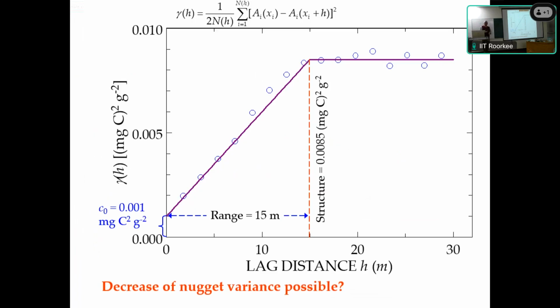So we can expect that the value at 15 meters distance is 0.13 milligram carbon per gram soil different. We don't know whether positive or negative. But that's what we can read from the semi-variogram. It gives us an expectation of the difference between observations that we take some distance apart.